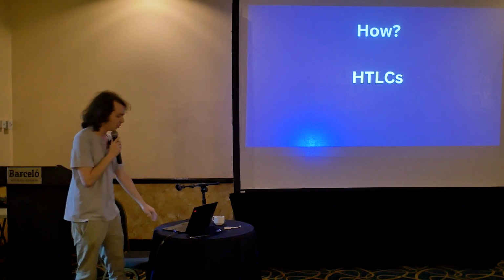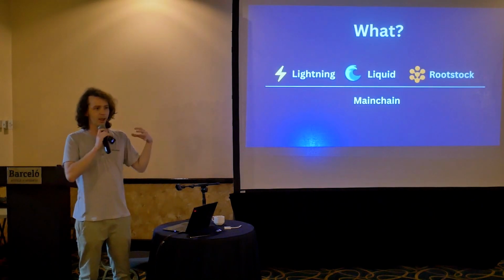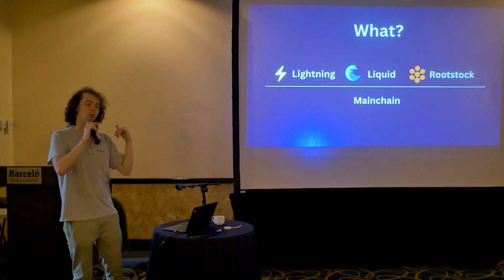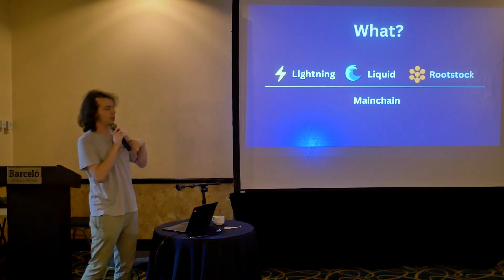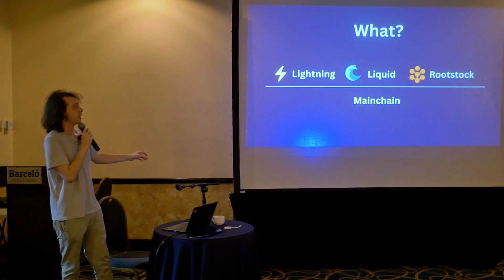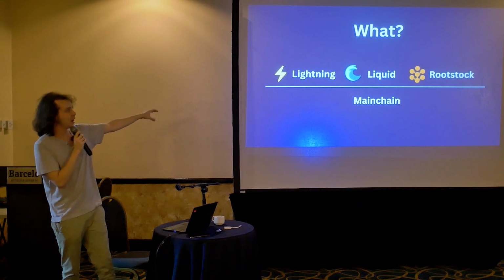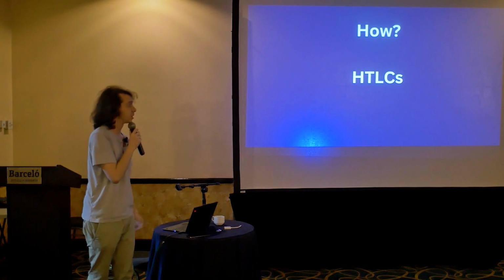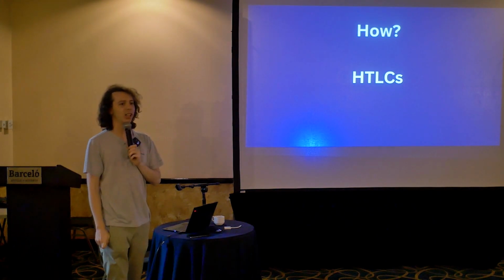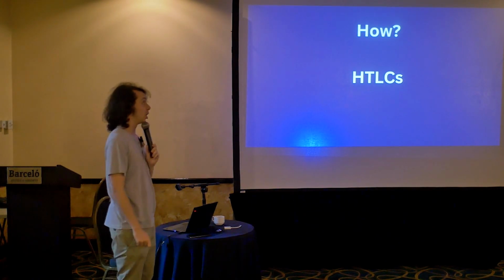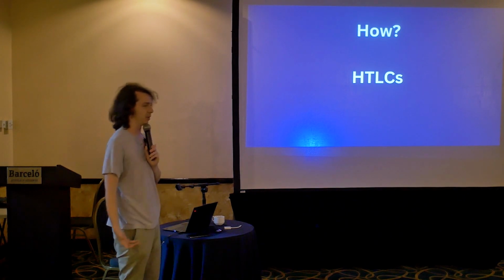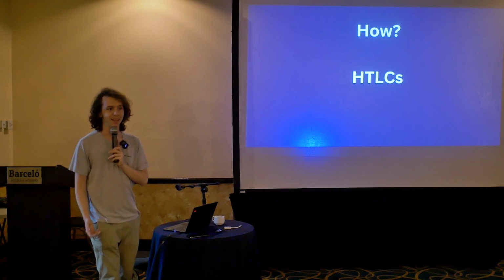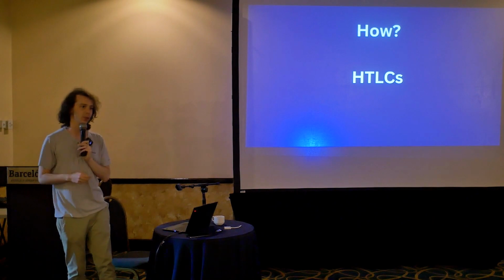So when we want to bridge and have an atomic exchange of Bitcoin from one layer to the other, what we need is a common denominator for all four of those. That is HTLCs. Hash time lock contracts are the only contracting primitive, the only scripting primitive, that exists on all four of those.